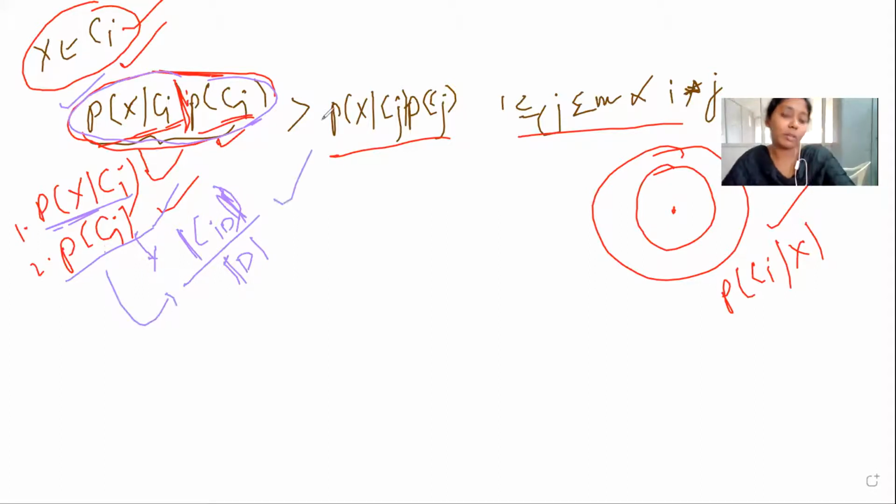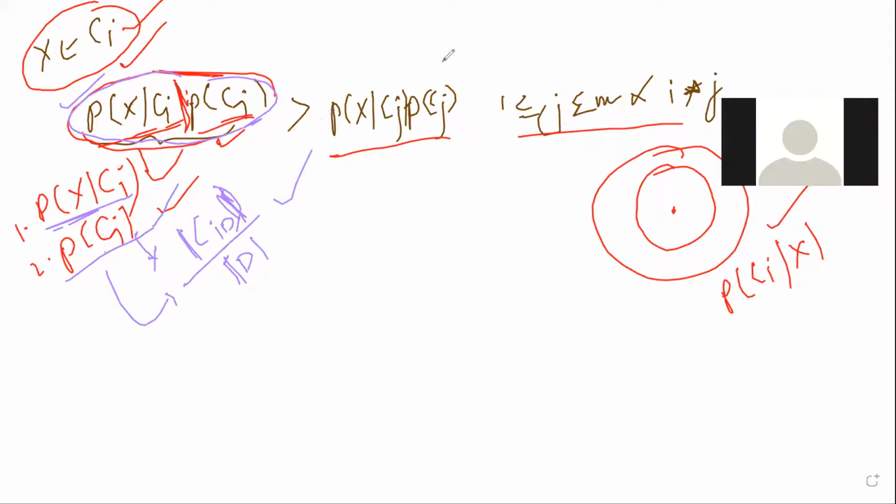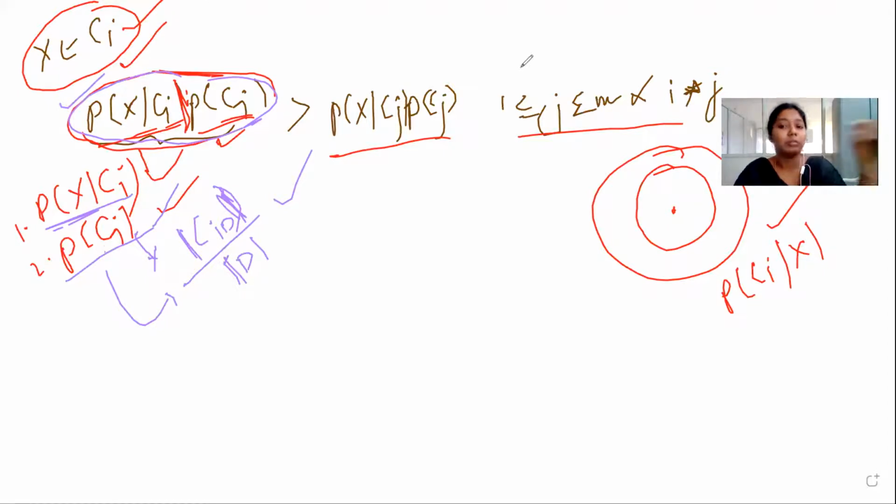What is mod D? What is D actually? Data set. What is mod D? Number of tuples in the data set. Very good.